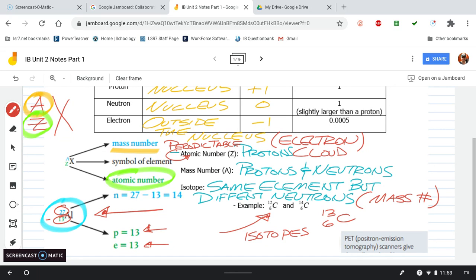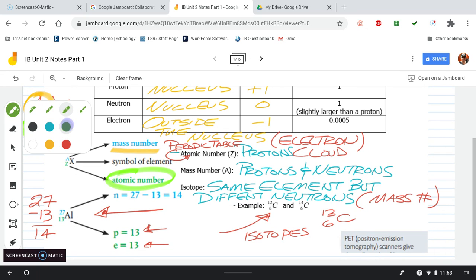When we're finding neutrons, we just take that top number, 27, and subtract that bottom number, 13. It looks like a little subtraction problem for the neutrons. No charge here. The charge would be in this position right here. And there's no charge, so the protons and the electrons have to be the same.